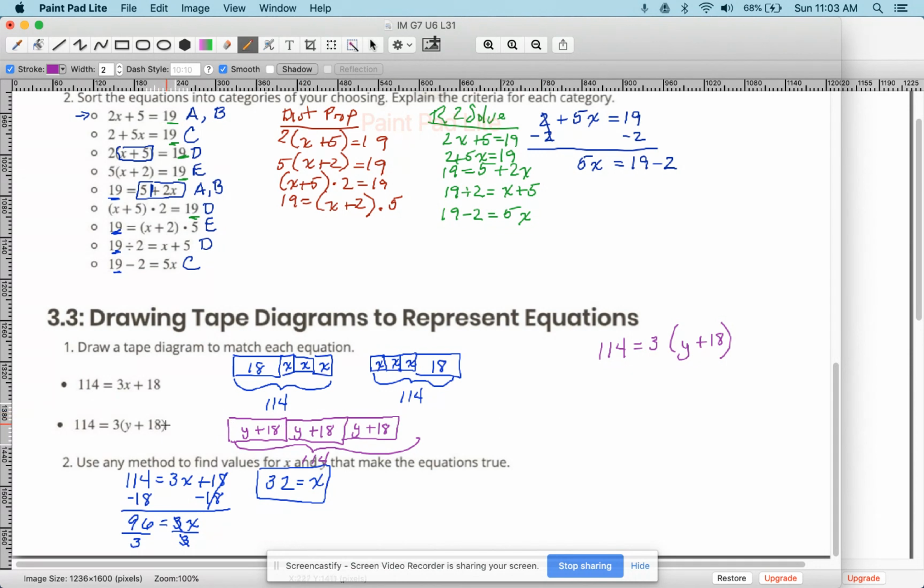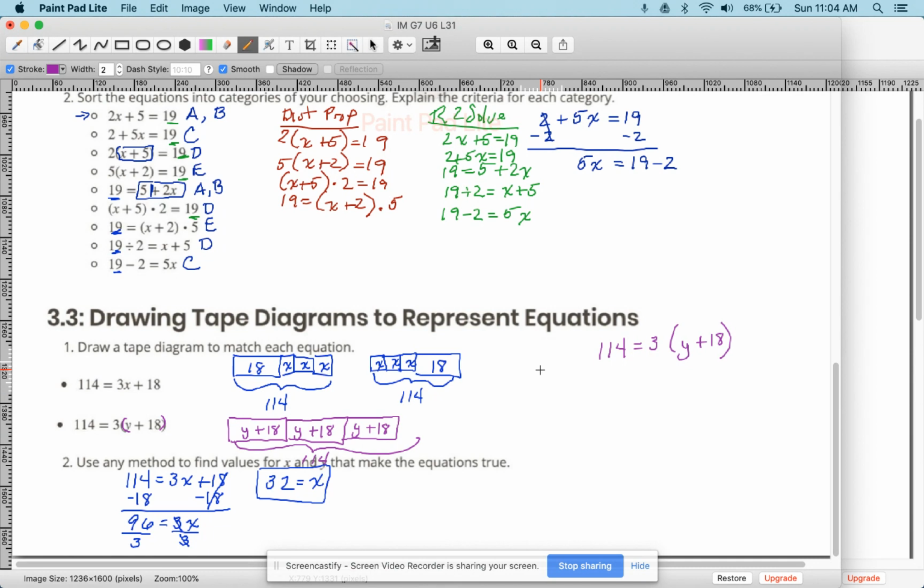This y plus 18, because it's in these parentheses, is considered one term. So if y equaled 2, this term would be 20. If y equals 5, this term is going to be 23. So it's important that whatever is in parentheses, you keep in the same box as one term.